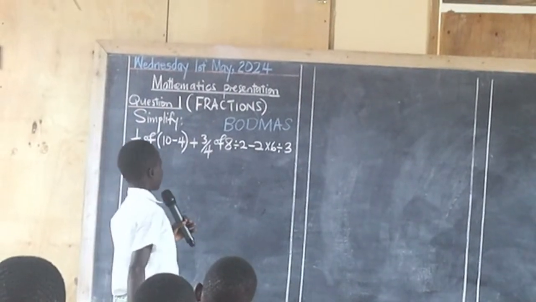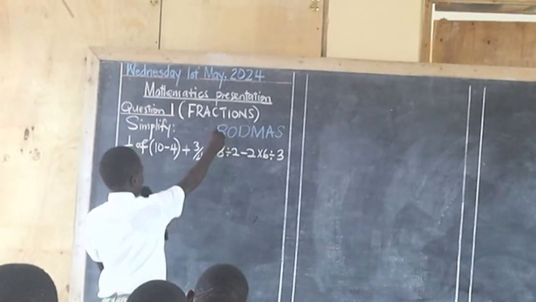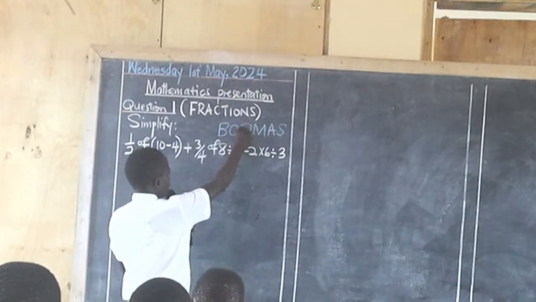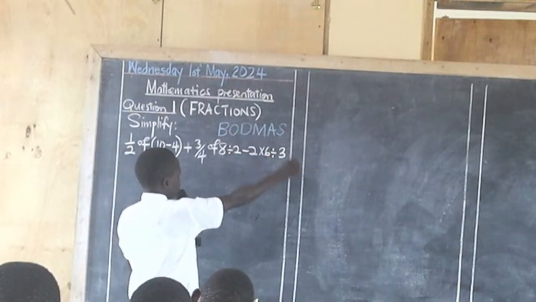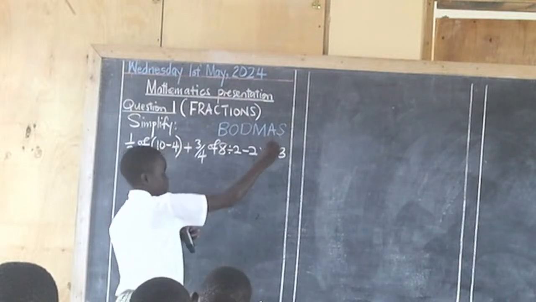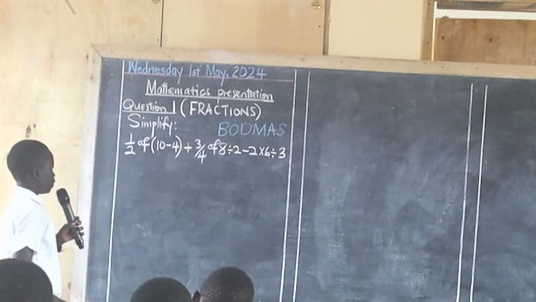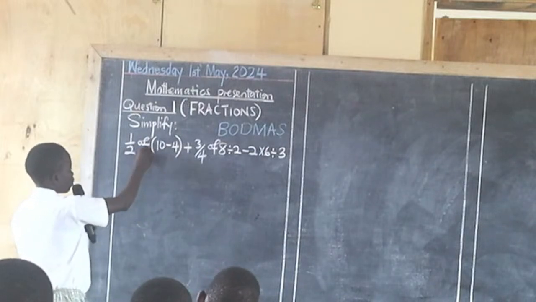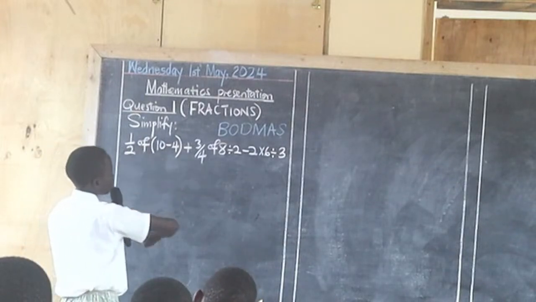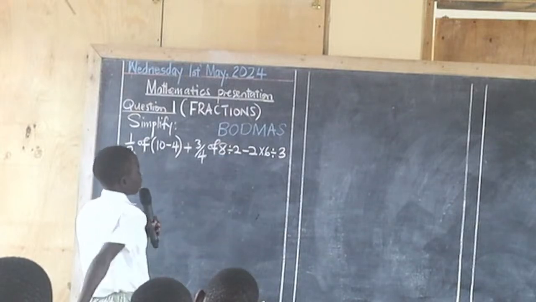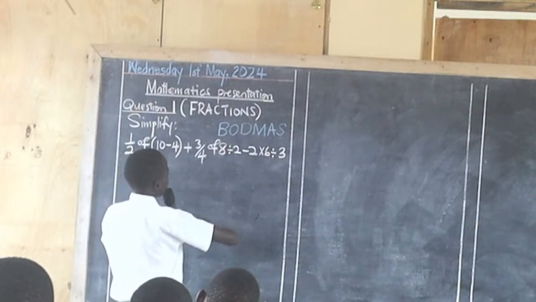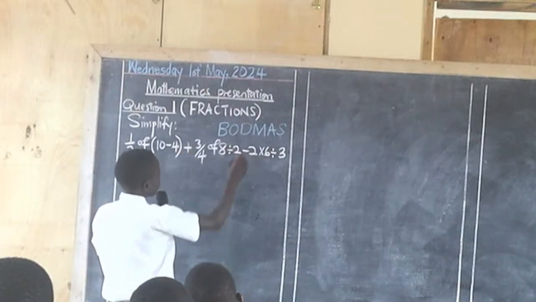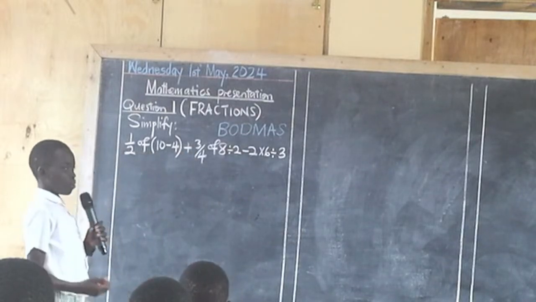The B stands for brackets, O stands for of, then division, multiplication, addition, then subtraction. The brackets, of, division, multiplication, addition and subtraction are all present here.